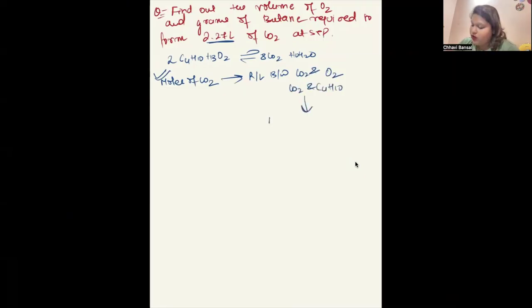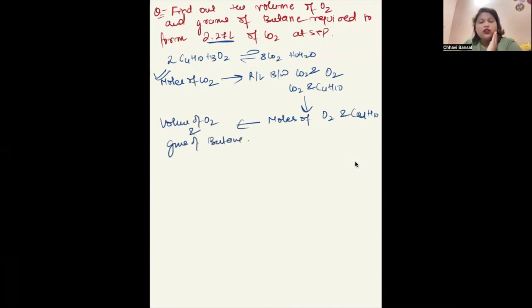From there, we can find the moles of O2 and C4H10. From there, we can find the volume of O2 and grams of butane. Right? First is moles of CO2.